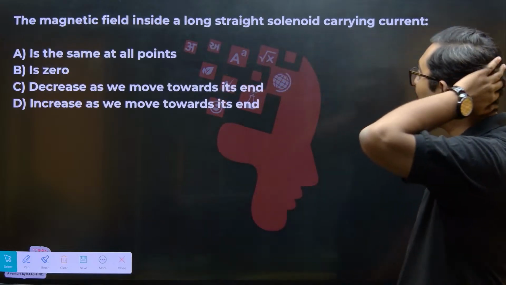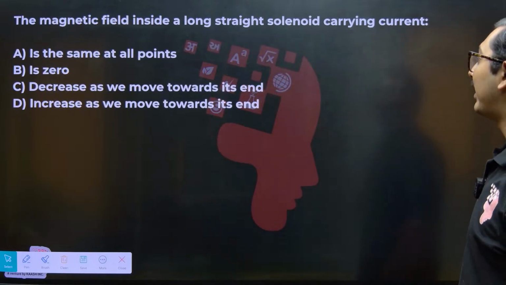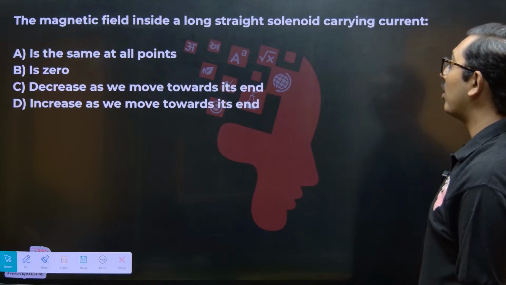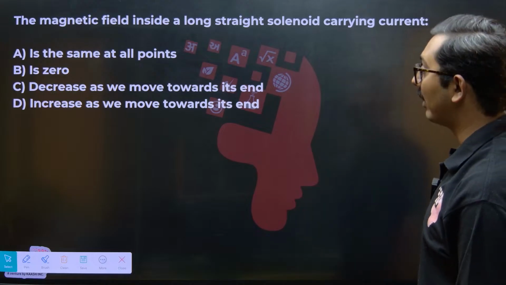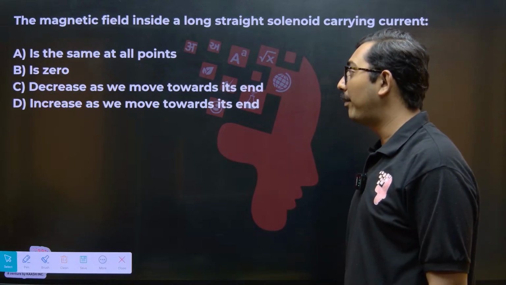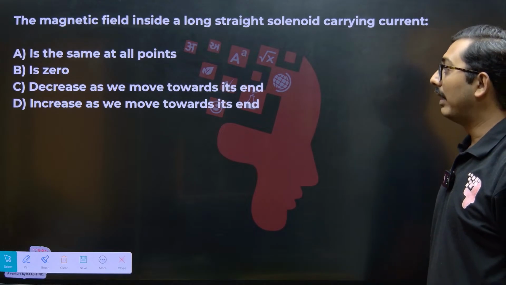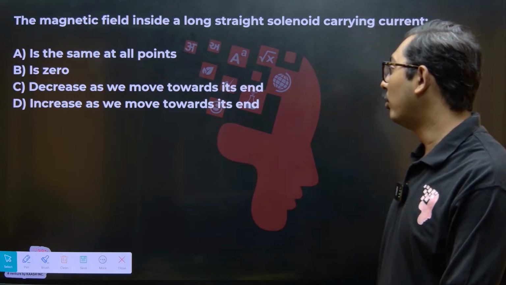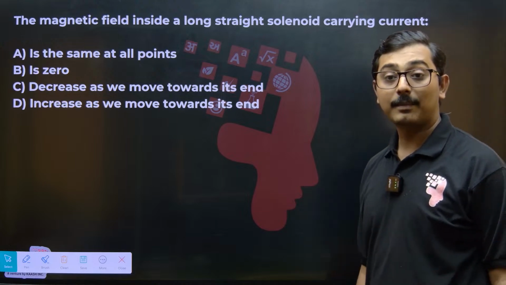The magnetic field lines inside a long straight solenoid carrying current: is it the same at all points, is it 0, does it decrease as we move toward its end, or increase as we move toward its end? They are asking about the solenoid.